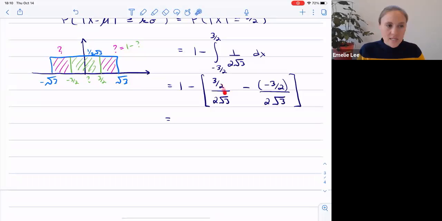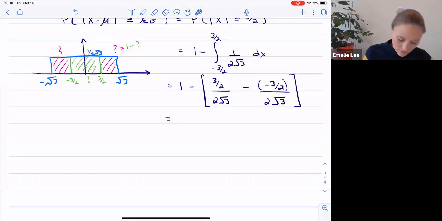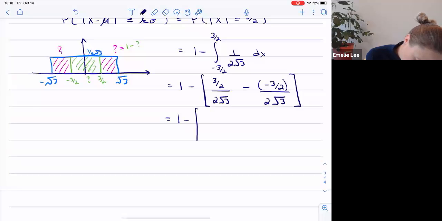So I'm going to treat this as a fraction over a fraction, right? 3/2 is definitely a fraction. 2√3 I could write as 2√3/1, right? I use that trick very often. So 3/2 over 2√3/1.